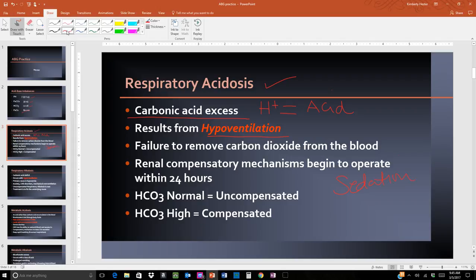It can be that on the ventilator, your respiration rate is set too low. It might be from a drug overdose. So what's happening is the patient is not breathing off their CO2, and that is causing that CO2 to build up in the blood. Now, the renal system has the ability to compensate, but it doesn't work quickly enough.